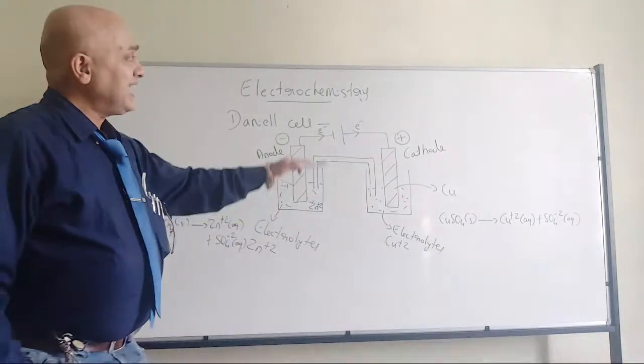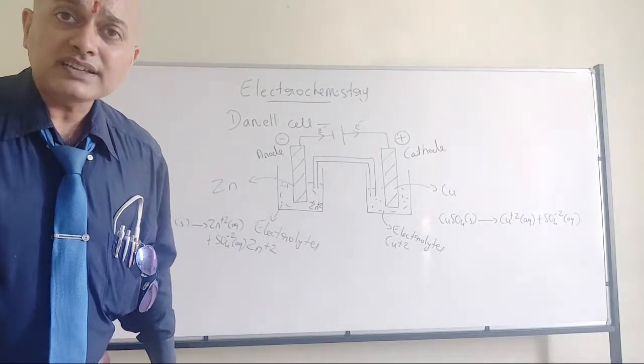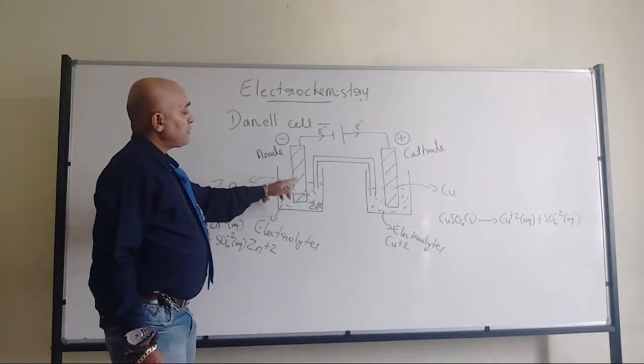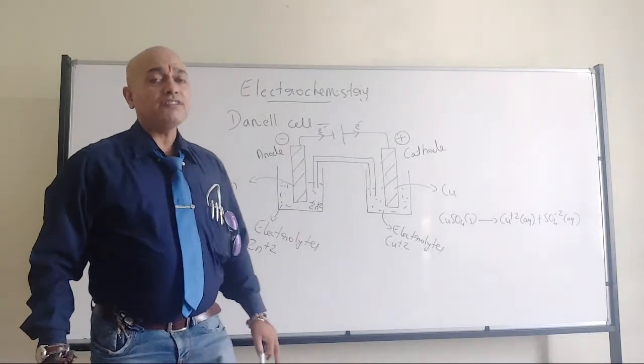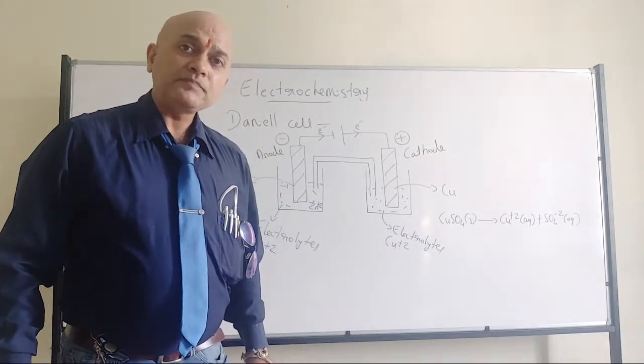And cathode will be a positive electrode. So why are we considering anode as a negative electrode with respect to Daniell cell? Because that's where there will be formation of electrons. All of you have understood?